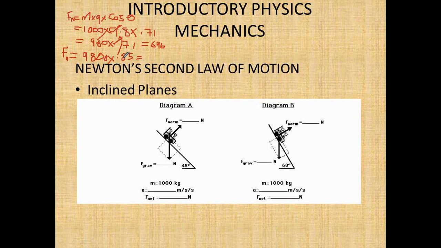So 0.85 times 9,800 comes out to be 8,330 newtons. There's supposed to be a zero right there. Okay.